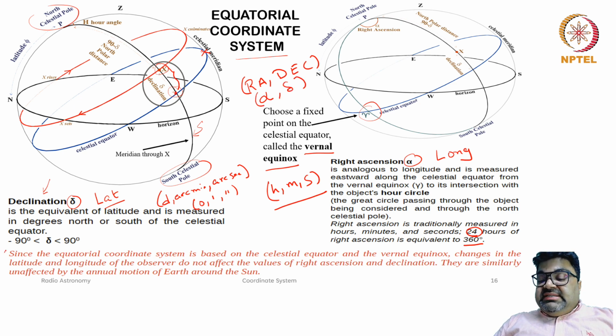Now the advantage is that since the equatorial coordinate system is based on celestial equator and vernal equinox, changes in the latitude and longitude of the observer do not affect the values of right ascension and declination. They are similarly unaffected by the annual motion of the earth around the sun. Okay, so we have successfully defined a coordinate system which doesn't depend on the position of the observer.